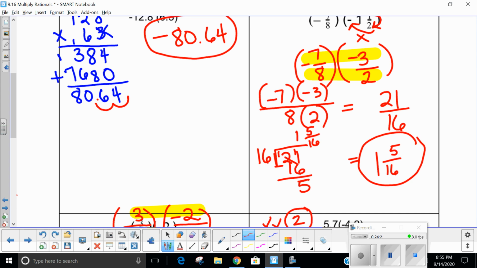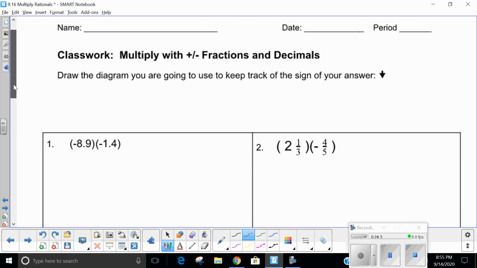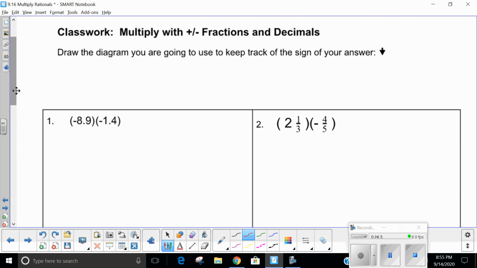So you get to go ahead and continue doing your work. Remember, convert your mixed numbers to improper fractions first. You're going to want to use the circle method. Make all of your numbers look like fractions. Going to multiply and then add.